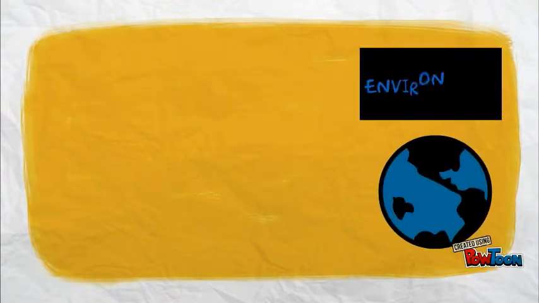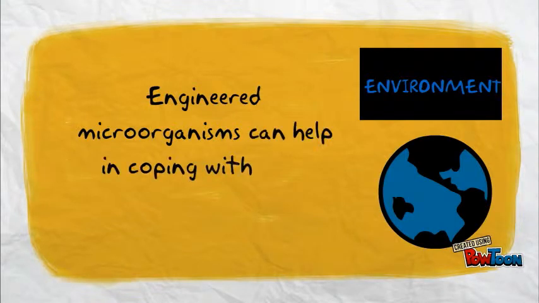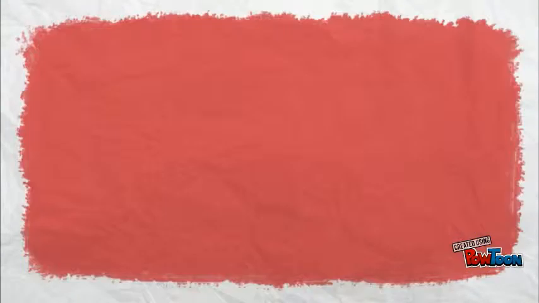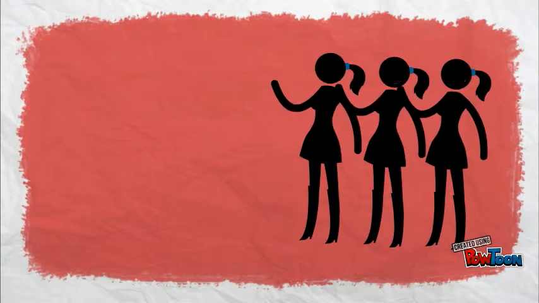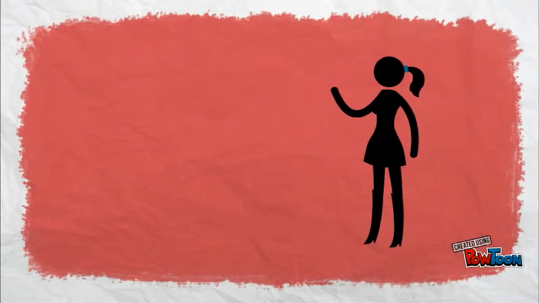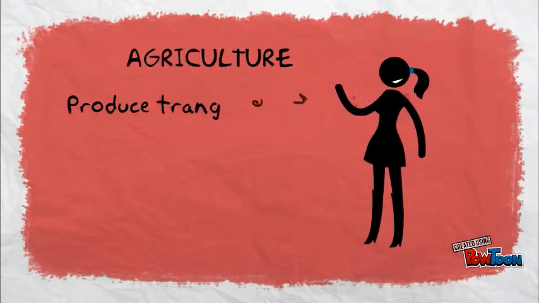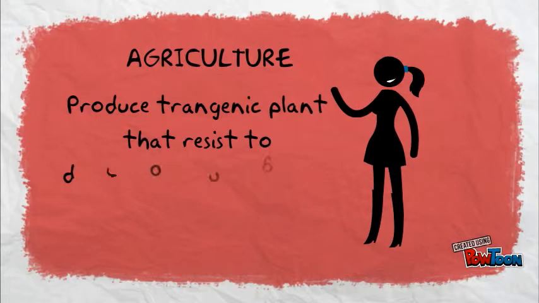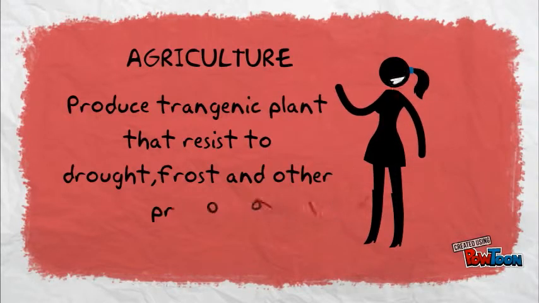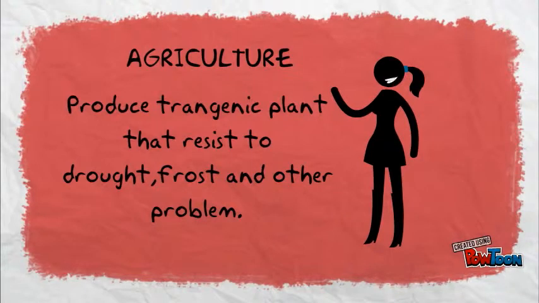For the environment, engineered microorganisms can help us cope with some environmental problems. For agriculture, DNA cloning can produce transgenic plants that resist drought, frost, and other problems.